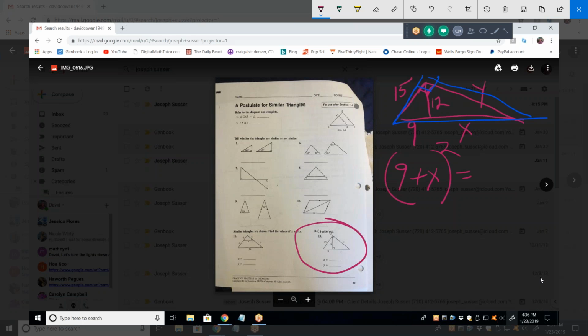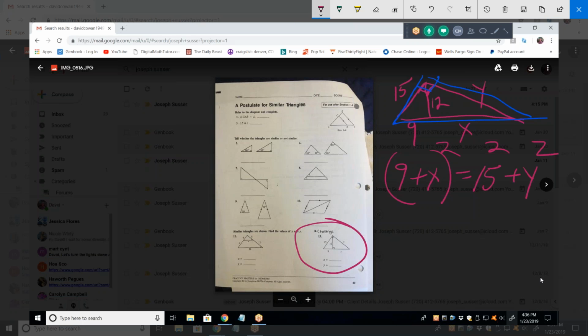No. Pythagorean theorem says the hypotenuse squared equals the sum of the sides squared. Well, one side is 15 squared. The other side is y squared. Okay, so there's one equation. Has two variables in it. We cannot solve it.